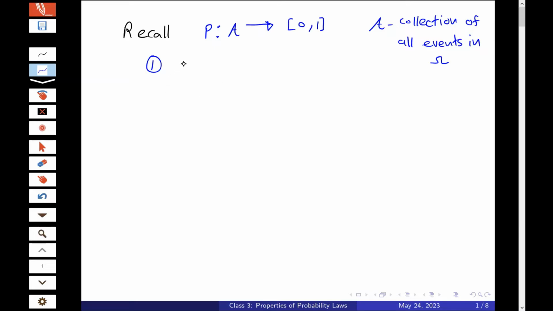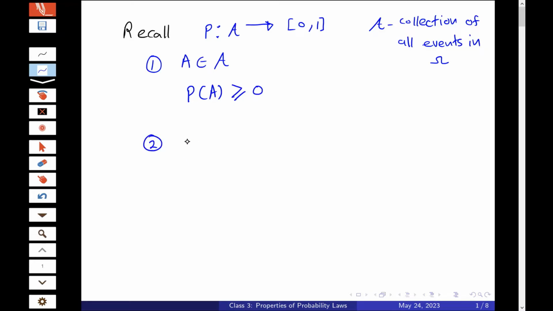The first law says if you take any event A from this collection of events, curly A, P of A, the probability of A, should be greater than or equal to 0. The second rule says additivity.